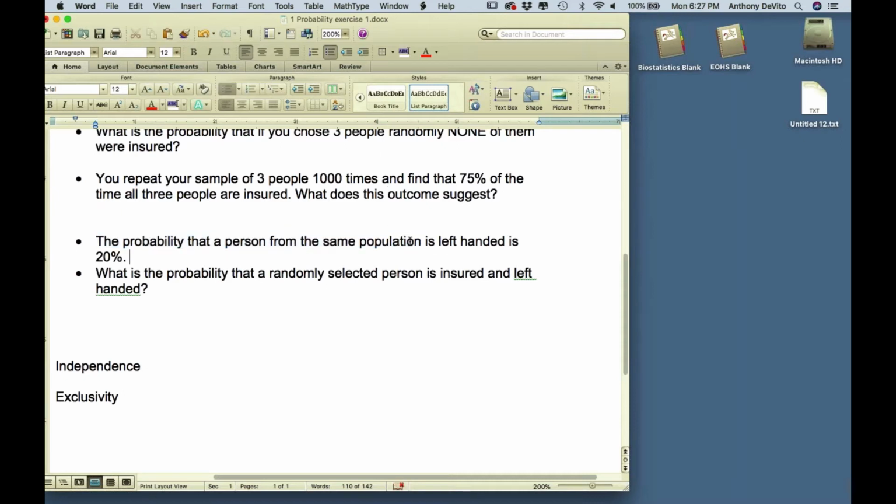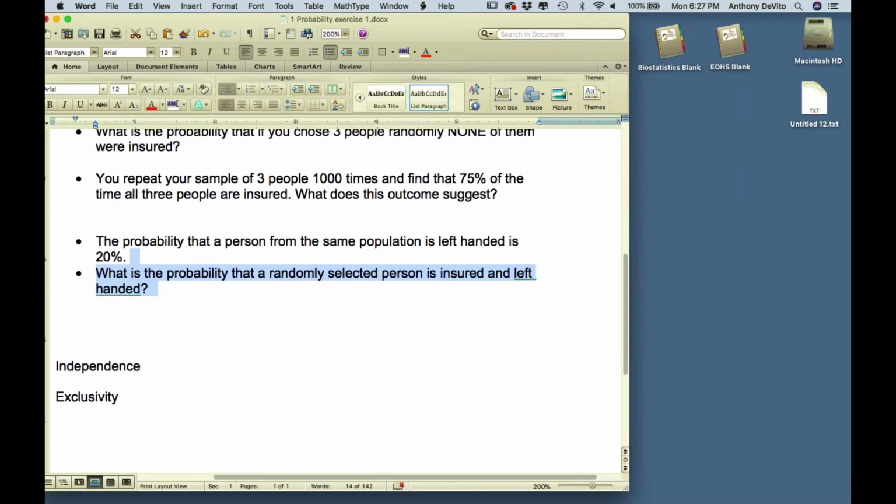Okay, so let's take a look at another possibility. Let's say, same population, the probability of being left-handed is 20%. So what's the probability that a randomly selected person is insured and left-handed? What do you think that would be? Well, it's 80% that they're insured, 20% that they're left-handed.